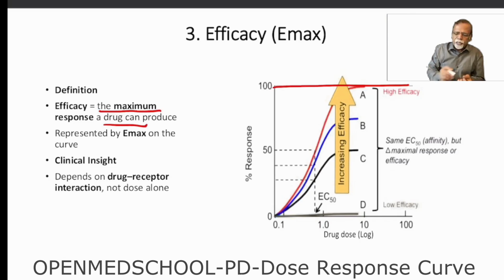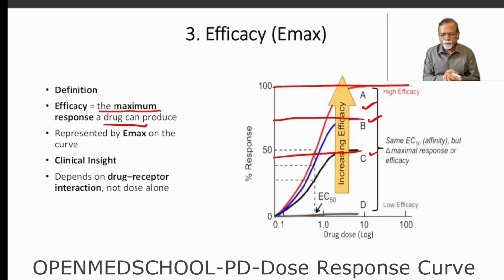This depends upon the drug-receptor interaction. When the receptors are fully saturated, you get the maximum effect. Here we can see three drugs, A, B and C. You can see the Emax is different for the various drugs.